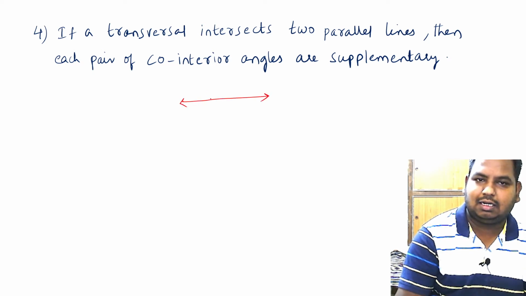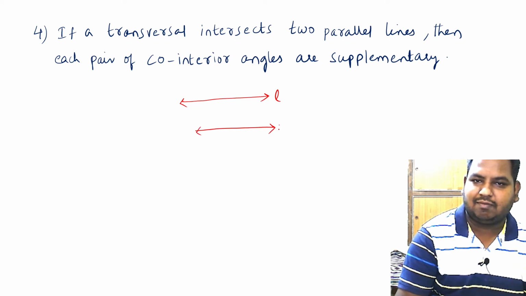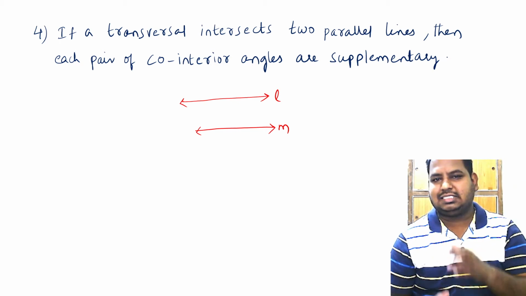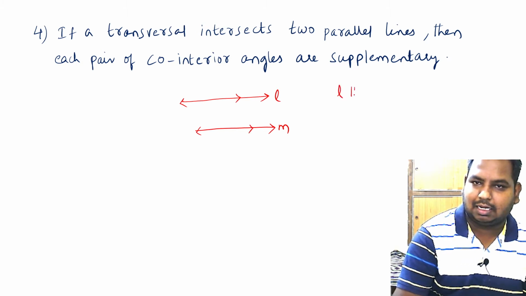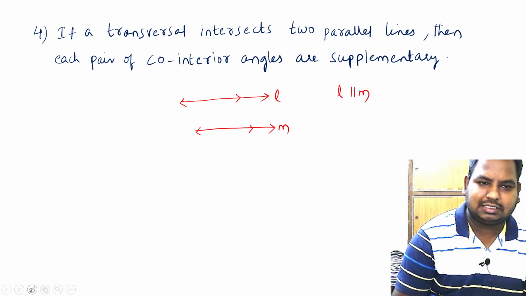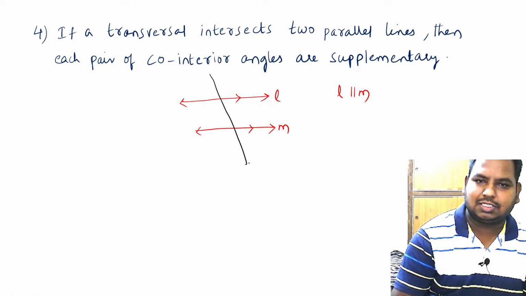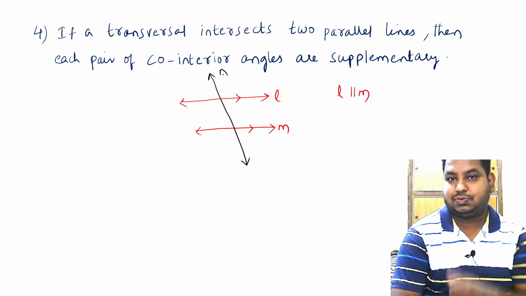So let me consider two parallel lines. We have line L, we have line M, and there is a transversal. Here line L is parallel to line M. Both the lines are parallel, and line N is the transversal.